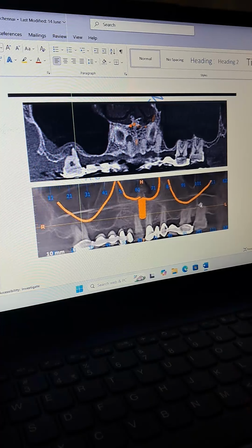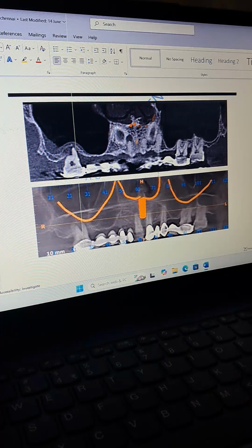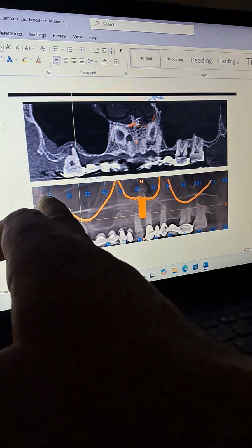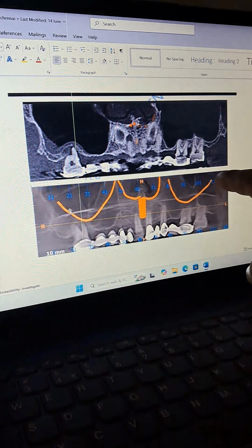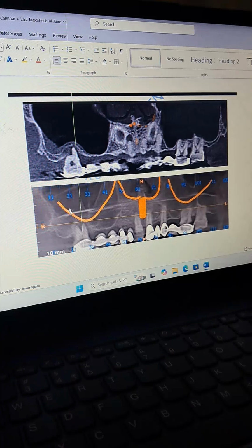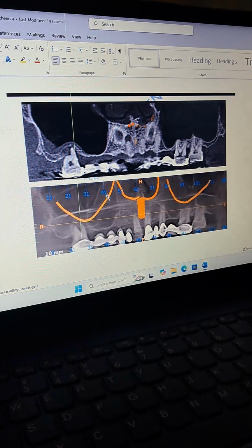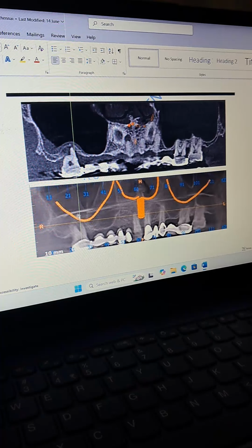This orange lining is the tracing of the posterior superior alveolar artery, which is entering the sinus wall from the infratemporal region. If you are doing a sinus lift, your knowledge about this artery should be perfect. You will have to anticipate its presence, and accordingly mark your window for a direct sinus lift.